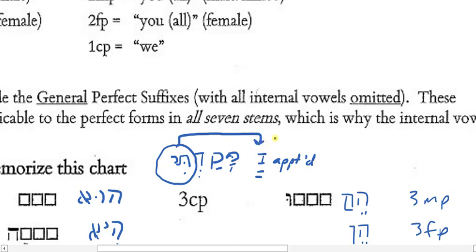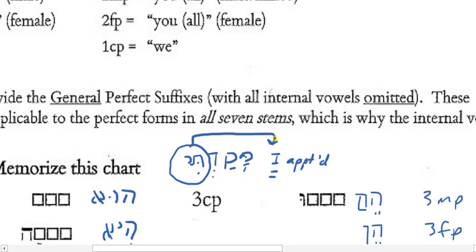I. Exactly. So do I need an independent personal pronoun to tell you who the subject is? No. The personal ending on the perfect verb is sufficient to do that. So when I have an independent personal pronoun being used as the subject, it's redundant. Don't have to use it.